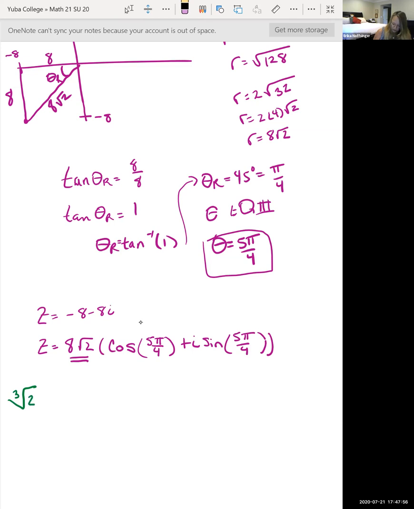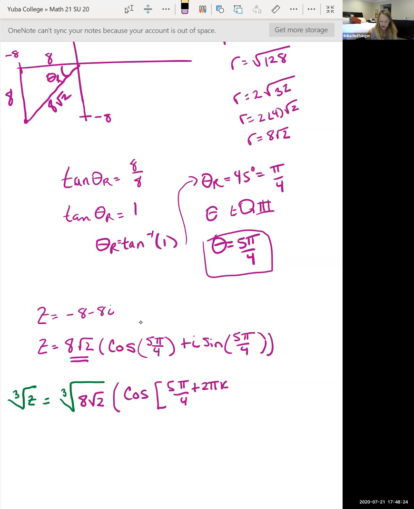So we have the cubed root of our r value, which we can say is a square root of 128. I guess that's a square root anyway. So let's just do 8 square root of 2. There we go. And then we have all times cosine of 5 pi fourths plus 2 pi k.